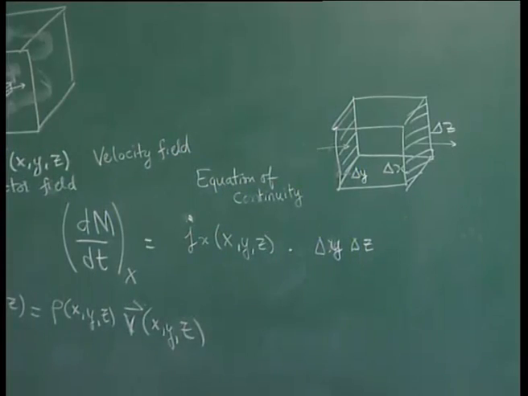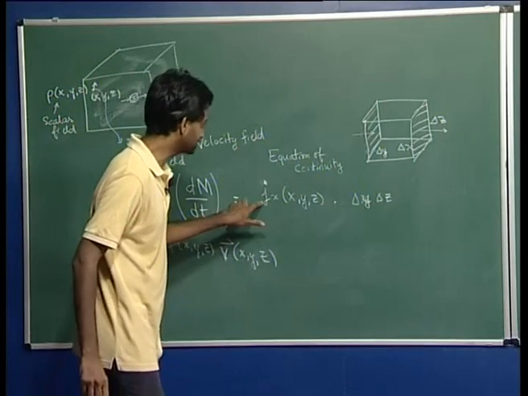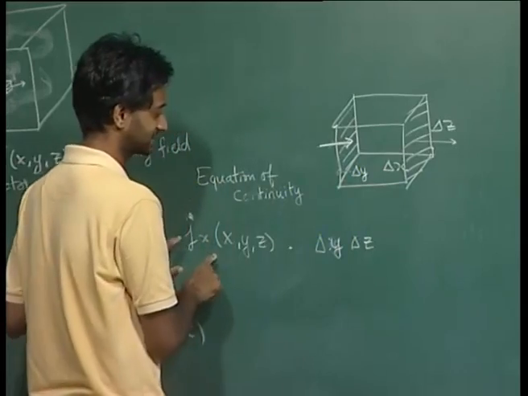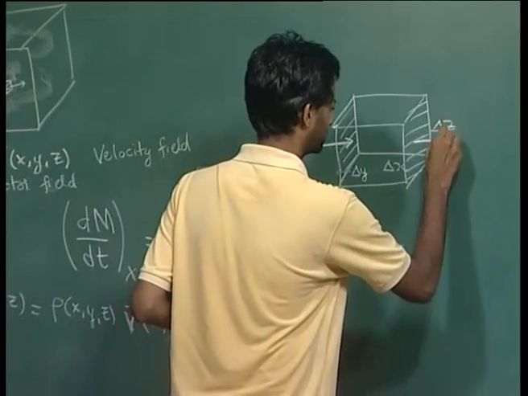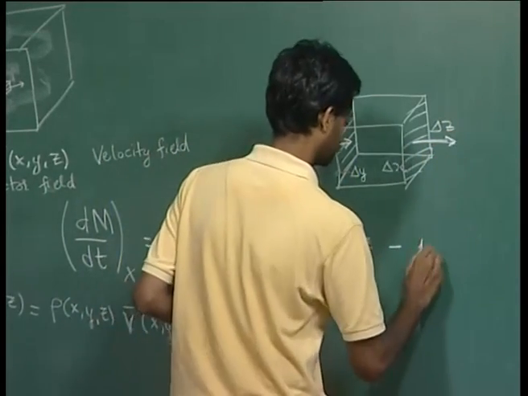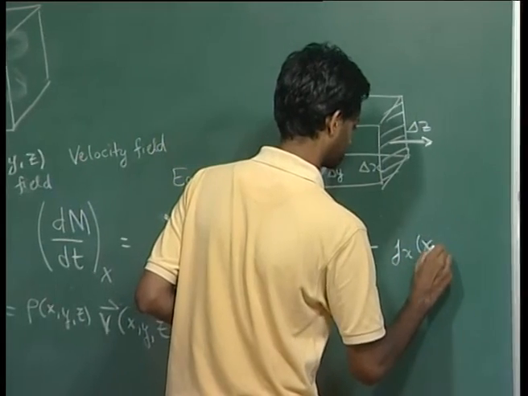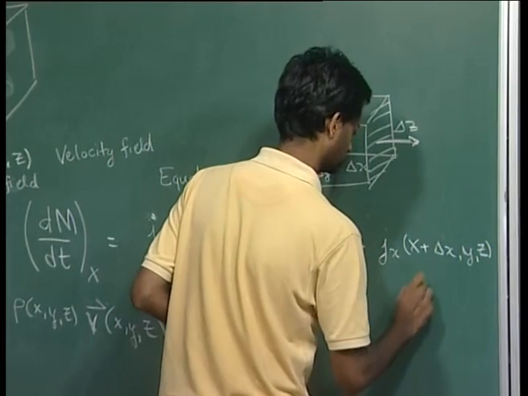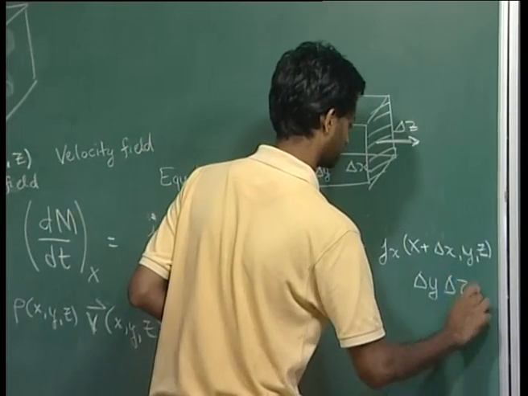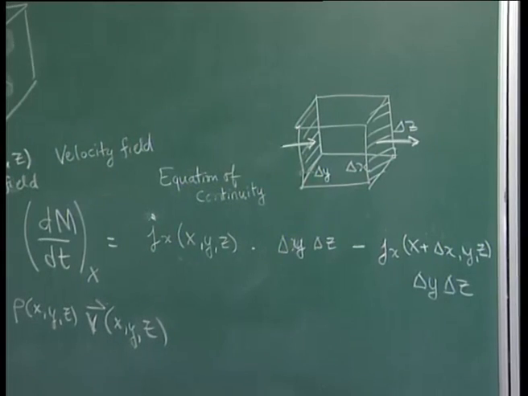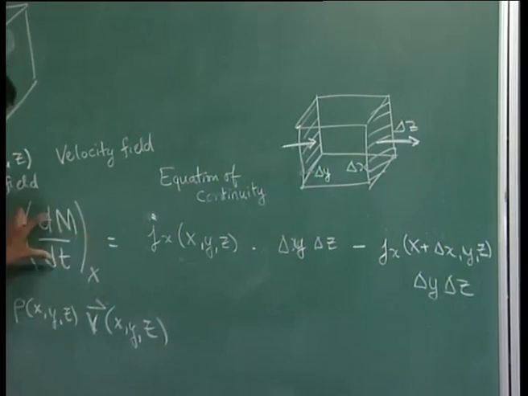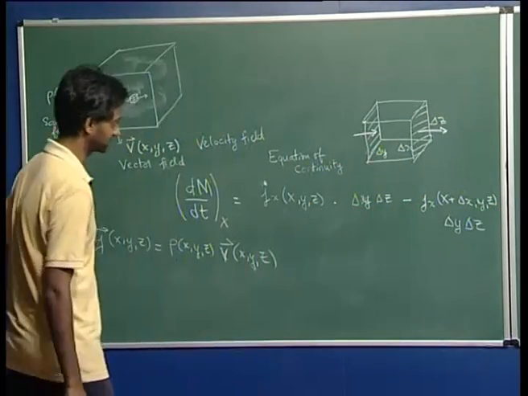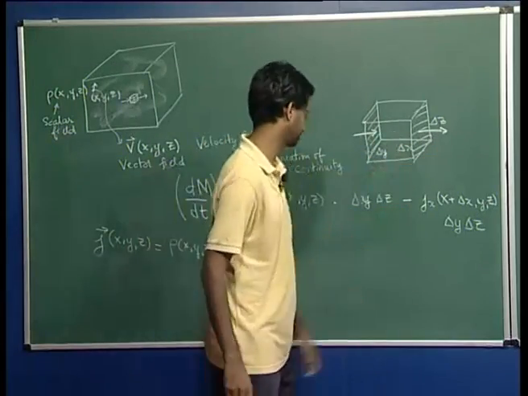Now this is a current that is flowing in. If this is the positive x direction, this is flowing in at x. Then you have some current that is flowing out at x plus delta x, so minus j x of x plus delta x, y, z, times delta y delta z. So the net change of mass should be equal to this difference between the current flowing in and the current flowing out.